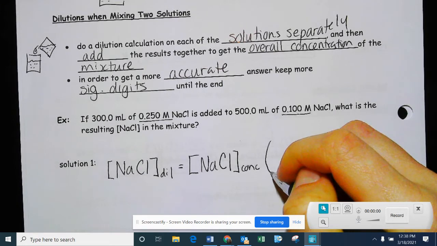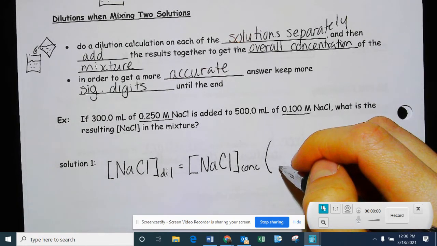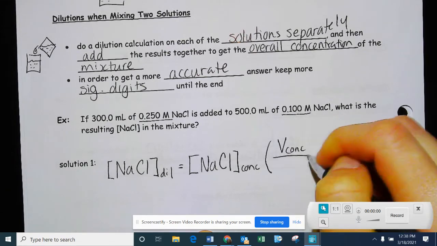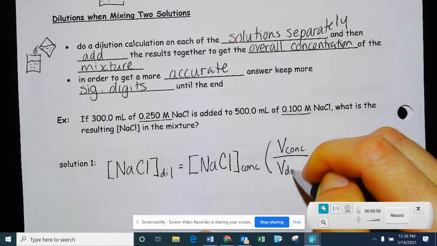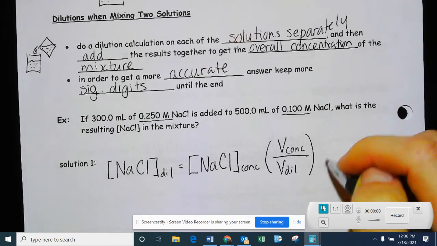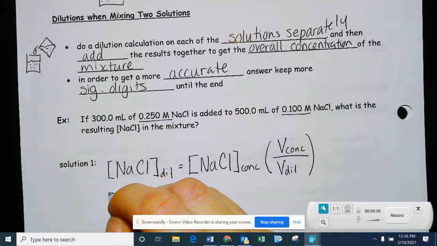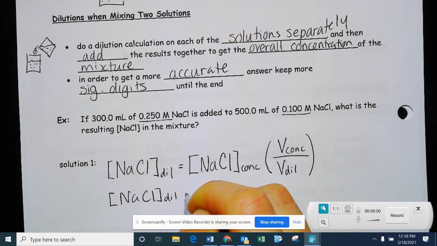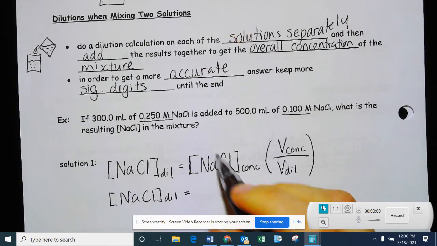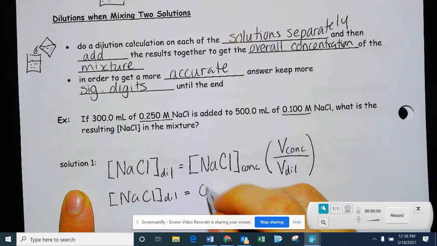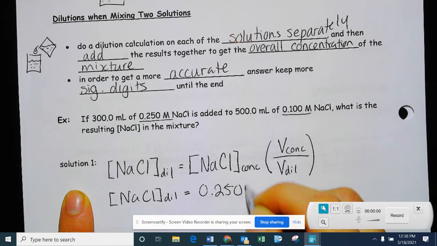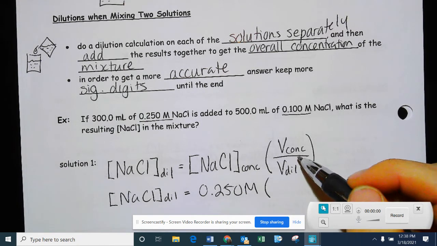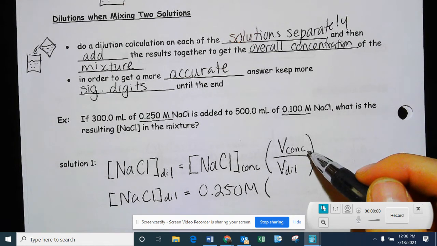We're just multiplying the concentration of the initial one by the ratio of volumes. So for solution one, I've got 0.250 molar. What is my concentration of that one when it's more concentrated, or the initial one?